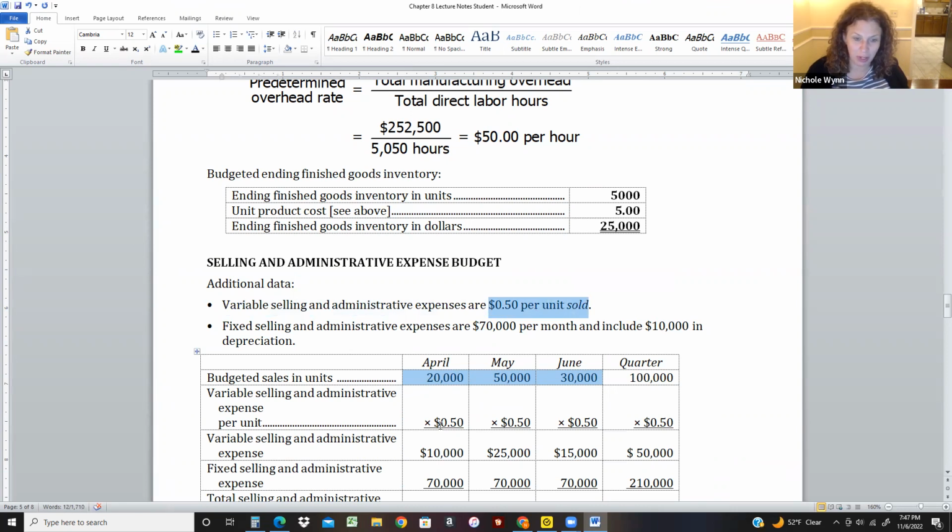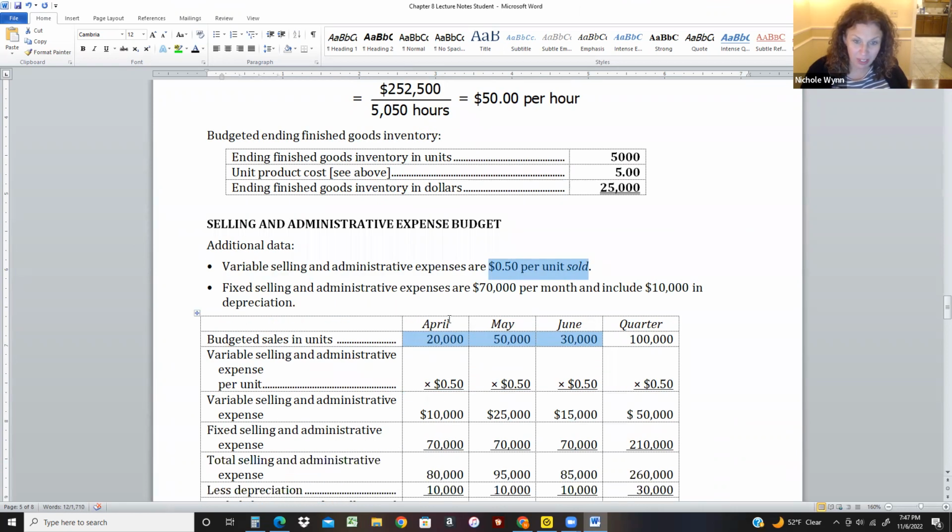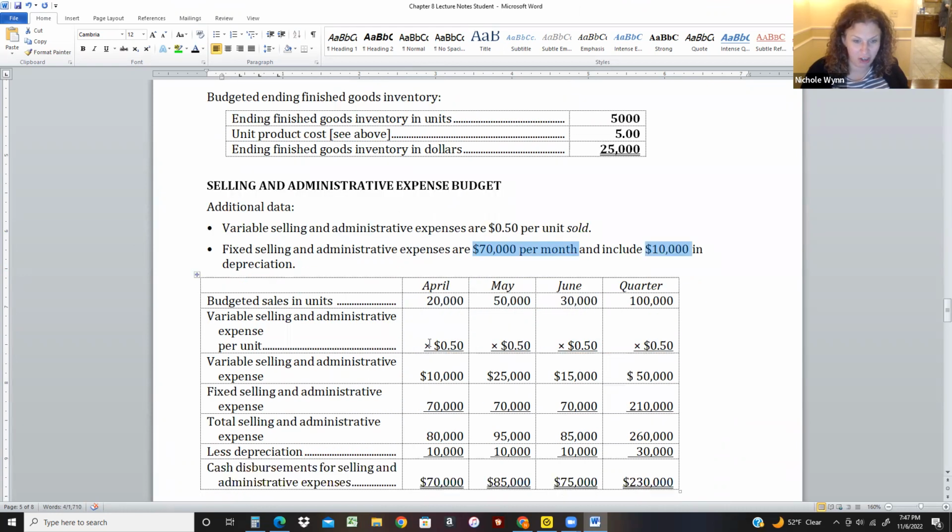And then the fixed is 70, but the 70 includes 10,000 of depreciation. So if we look at the April column, 20,000 at 50 cents is 10 plus 70 minus 10,000 that's depreciation because that's a non-cash activity. So total selling and admin expenses are 80, but cash paid for selling and admin expenses is only 70.